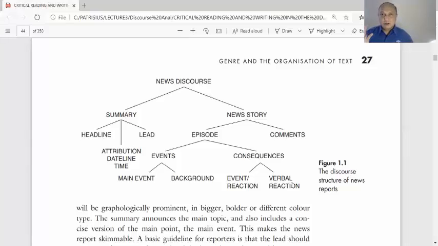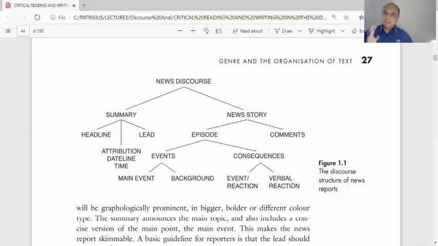That's called verbal reaction. So when something is said or uttered or written by a human being, it is called verbal reaction because it has something to do with saying, with writing, with stating something.